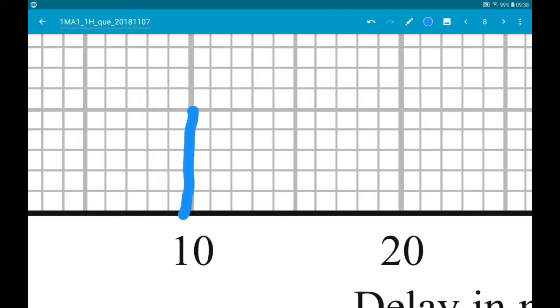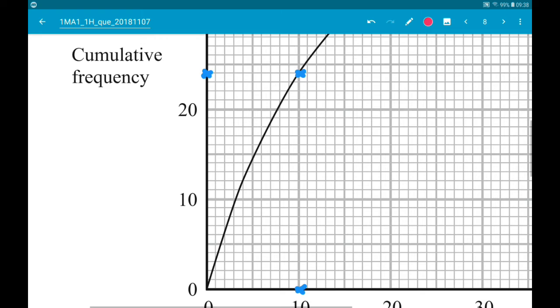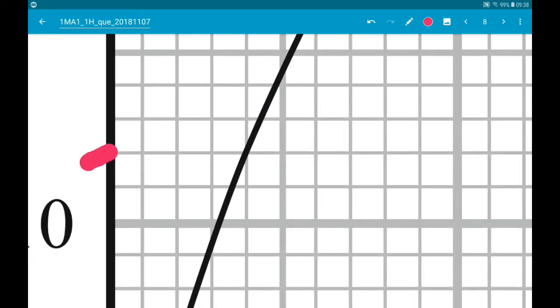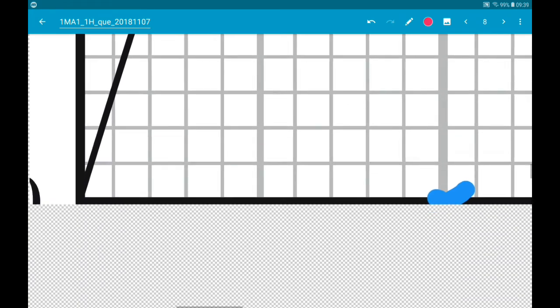And then for the quartiles, we need to find a quarter of 48 and 3/4 of 48. So a quarter is 12. So that's there. Go across to the graph and we get 4.